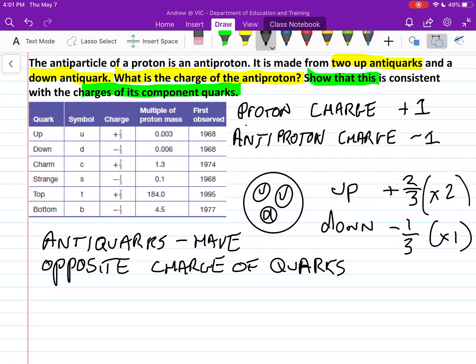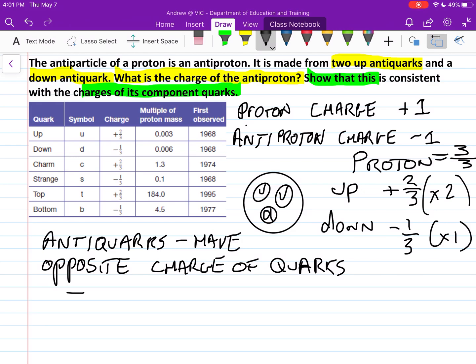So our normal ones would find our proton if we added it all together up here. Plus 2/3 plus 2/3 gives 4/3, minus 1/3, so this would equal 3/3, which would be +1. Okay, so our antiquarks have the opposite charge.